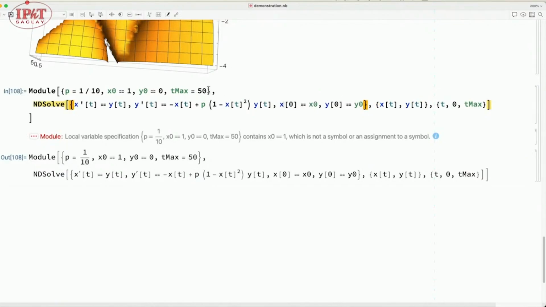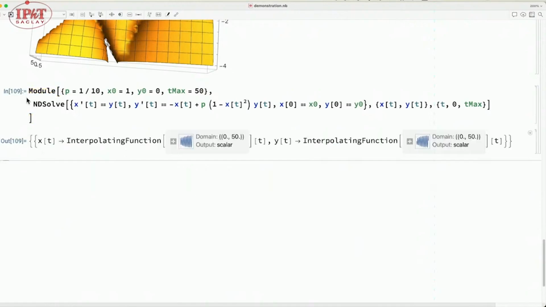Wait. Sorry. What color was it? Maybe you should just do x0 equal 1. You need to change x0 and y0 in the first line of the module to a single equals sign and not a double equals. Right. Yep.